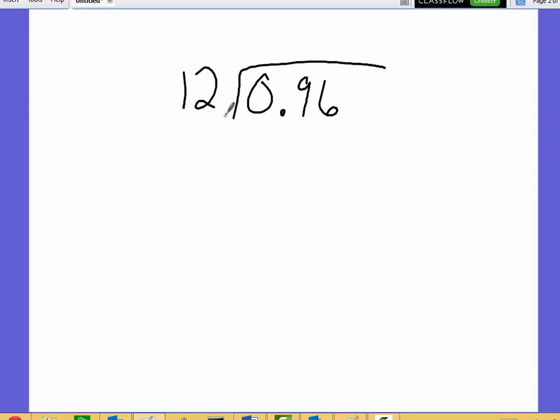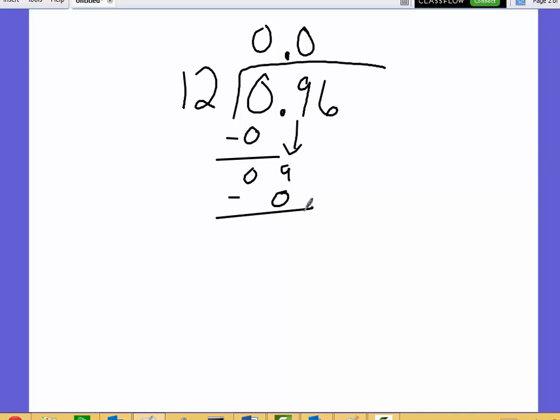My very first step when I'm working with decimals and I see a decimal on the inside, I'm going to bring it up. 12 goes into 0 0 times, multiply, 0 times 12, subtract, bring down. 12 goes into 9 0 times, multiply, subtract, bring down. I know that 12 will go into 96 8 times.